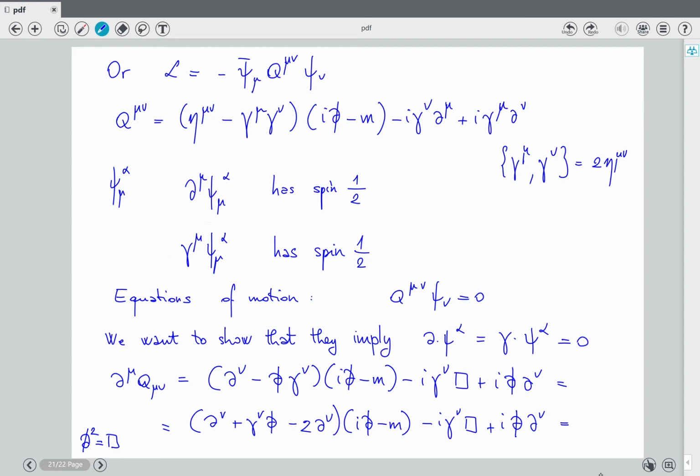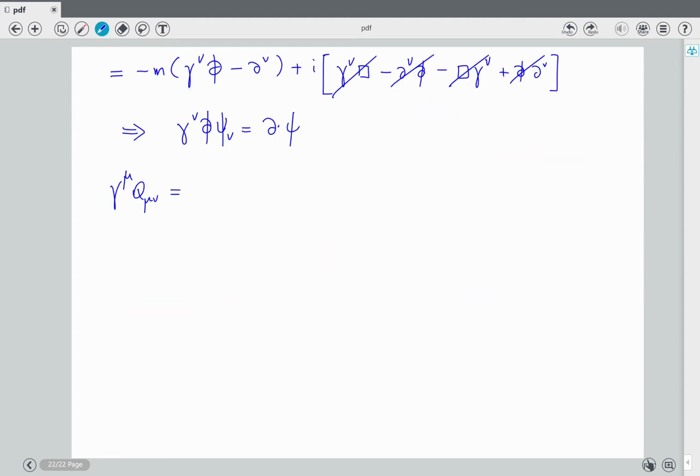If we contract here, we have γ minus 4γ, that's minus 3γ^ν, times (i∂̸ − m).